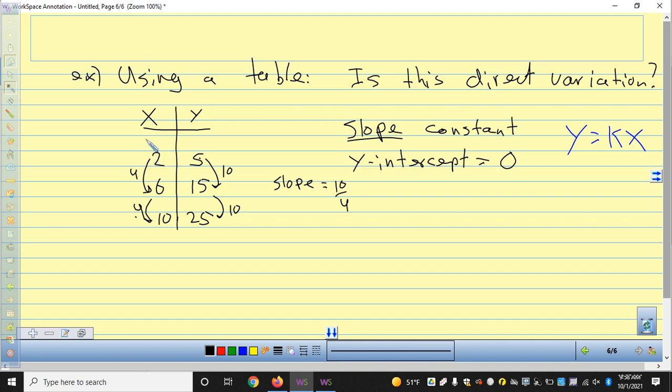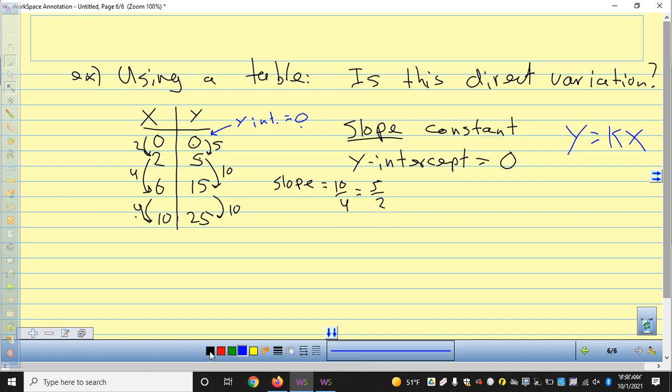If we go down by 2 here, well, let's reduce this fraction. We can divide everything by 2 and get 5 halves. So if we go down by 2 here to get 0, how much would we have to go down here? We'd have to go down 5. 0. The y-intercept is 0. I'm going to say y-int equals 0.